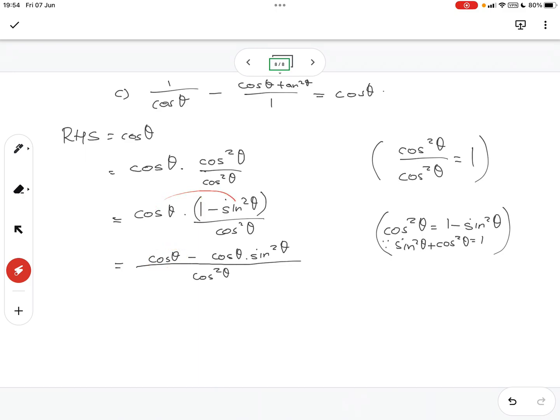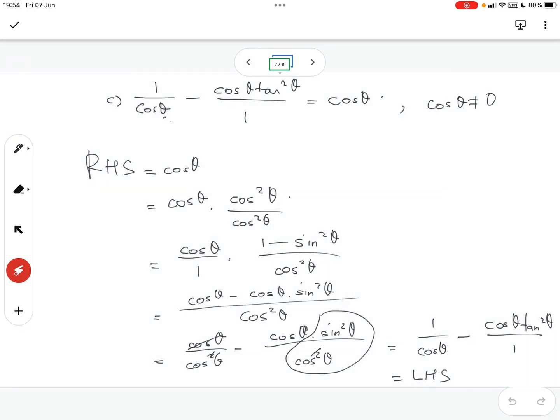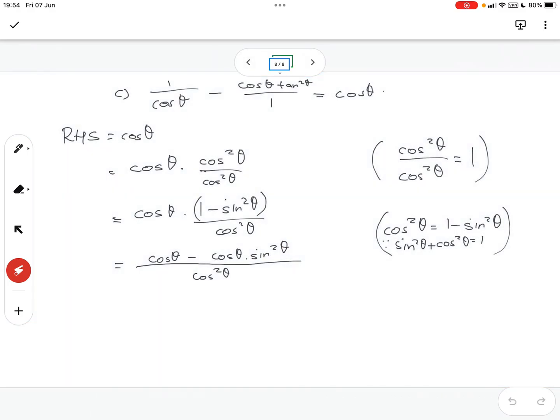Do you see how that is possible? I just multiplied cos with 1 and I multiplied cos with negative sine squared. Is that what the confusion was in this step?